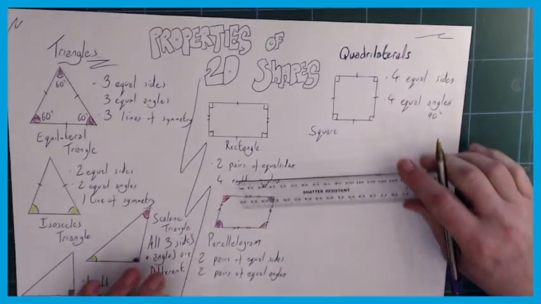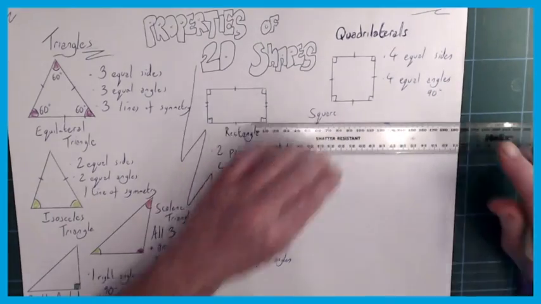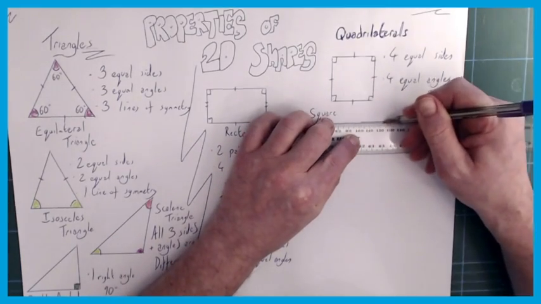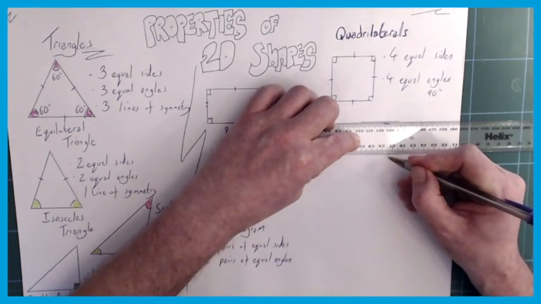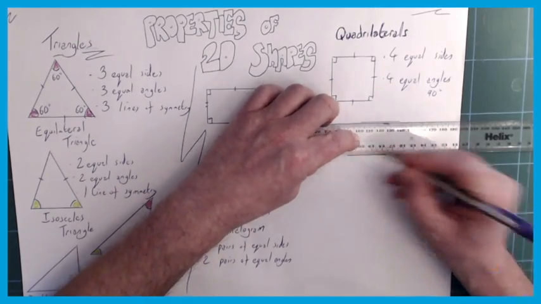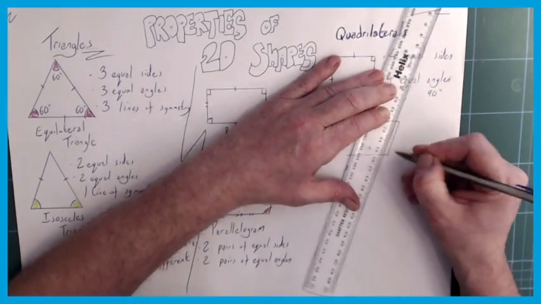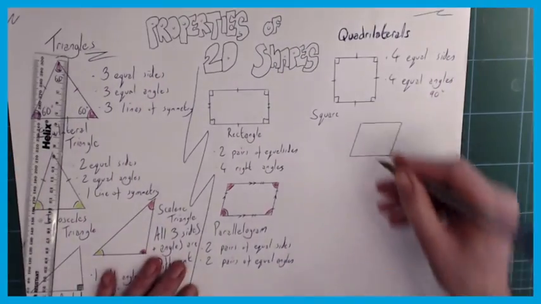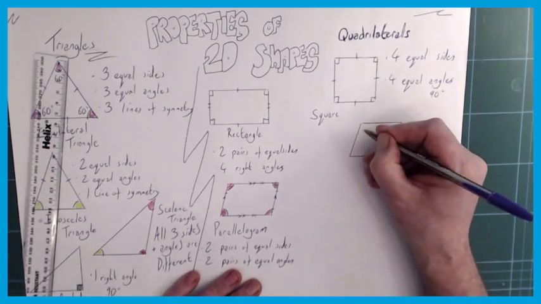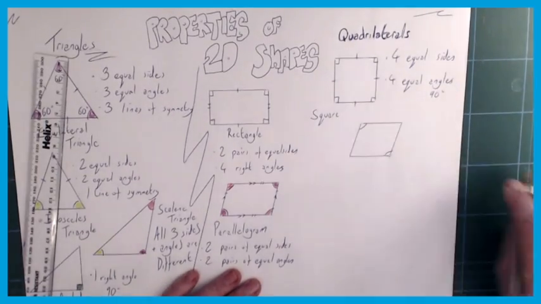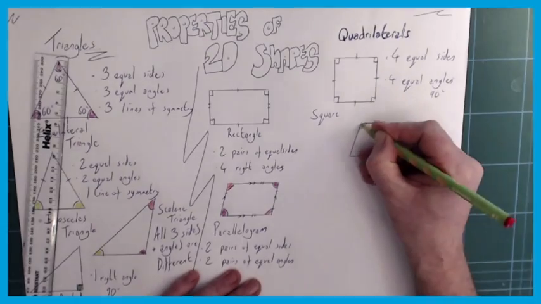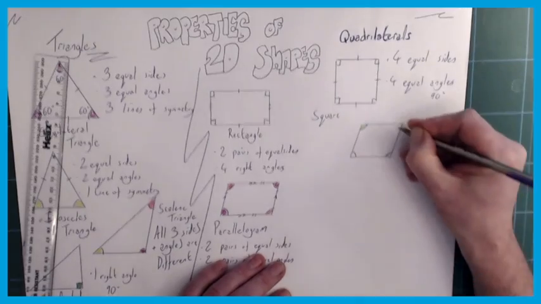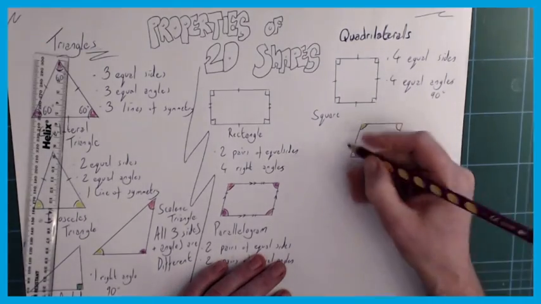Now, if you think about a parallelogram as a squished rectangle, we're going to do the same sort of thing here with the square. So this angle and this angle are equal, and this angle and this angle are equal.